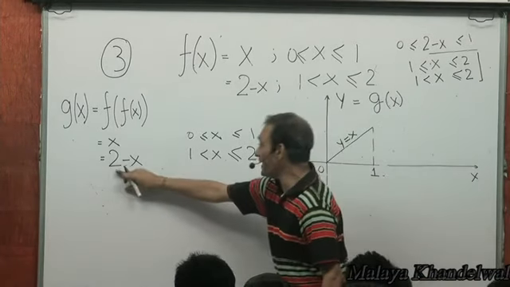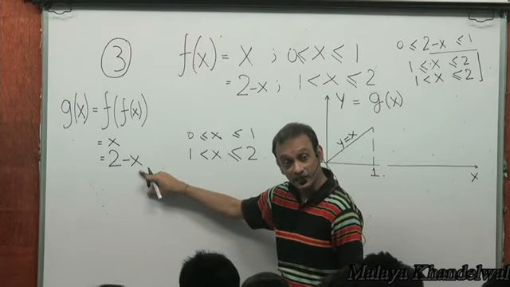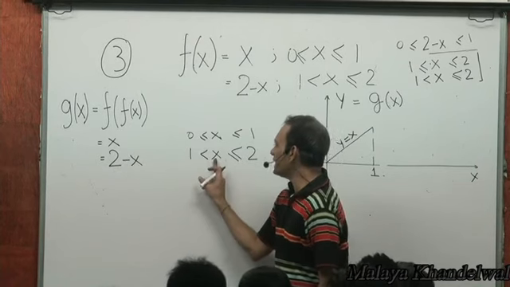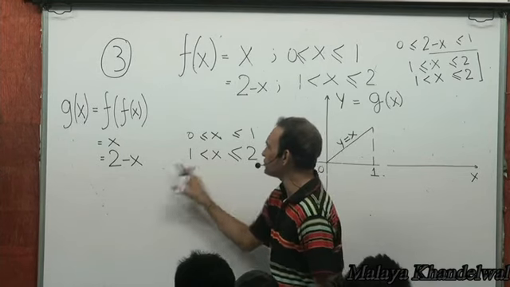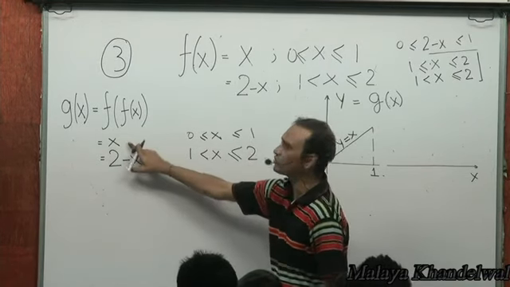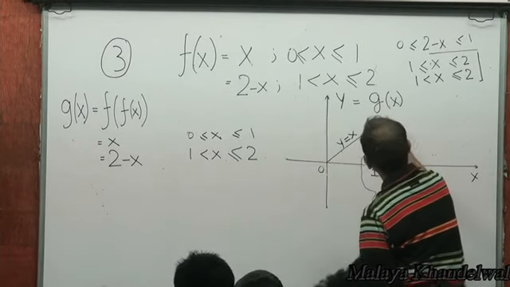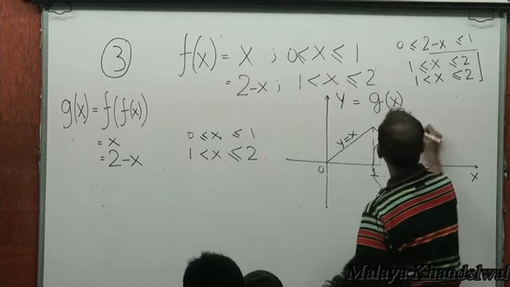And then from 1 onwards, 2 minus x, a decreasing slope, right? A decreasing line. The right hand limit at x equal to 1 is 1. The left hand limit at x equal to 1 is 1. The function is continuous at x equal to 1, but it now goes as y equal to 2 minus x in the interval 1 to 2.